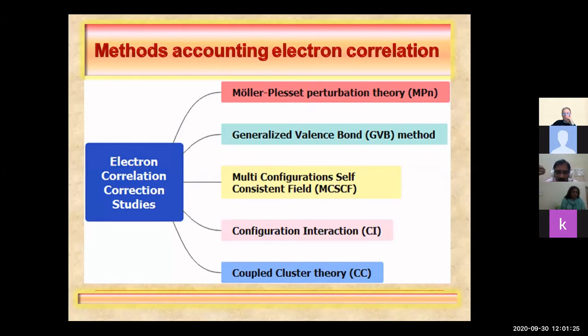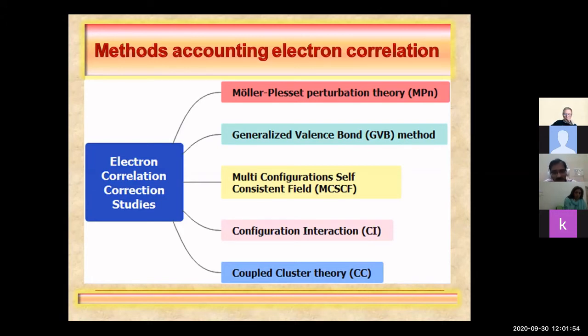Although these methods bring very good results and eliminate that overestimation of electronic energies, they require a linear combination of thousands or even millions of configuration functions to give an accurate representation of the wave function. Therefore, these methods are very time consuming and raise computation time and cost exponentially.